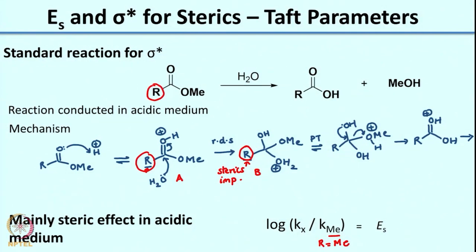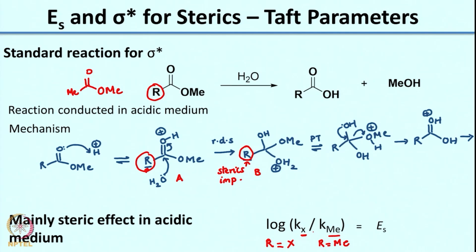So, in the standard reaction we are looking at, alright, methyl acetate here. So, here this is your denominator and your numerator has Kx, where X is essentially different R groups.